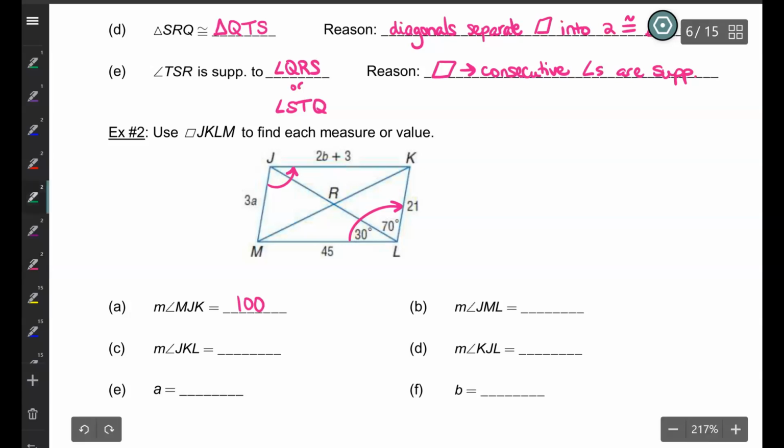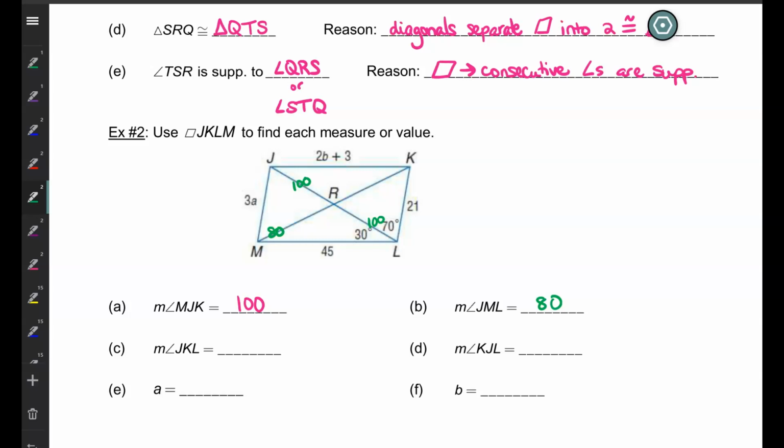Measure of angle JML is here. If this is 100 and this is 100, then those angles have to be supplementary, so that's going to give us 80. Next, JKL is opposite that angle we just found, so that has to be 80.